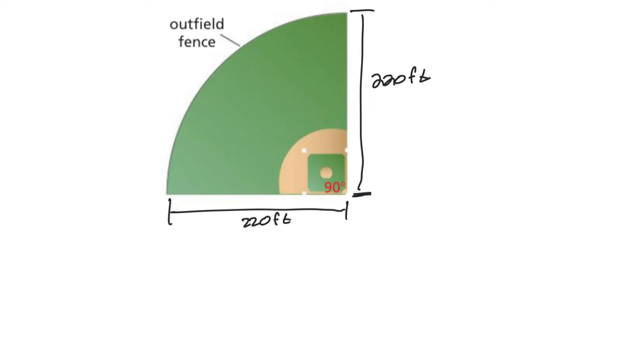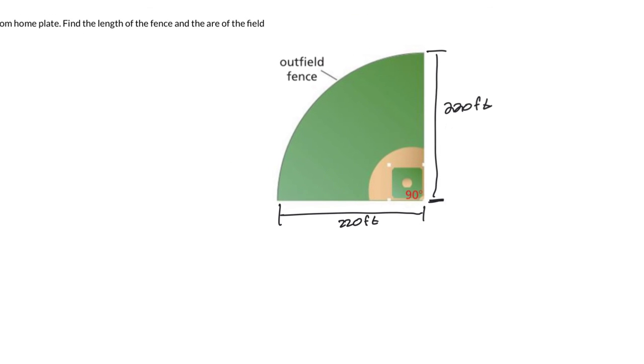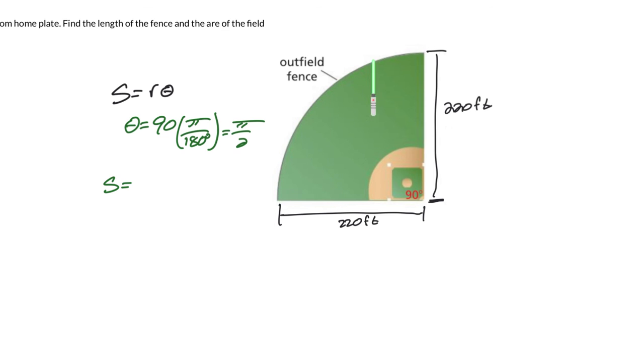So I can still use the same formula to find this length here. So that means that S equals r times theta. Theta, again, remember that theta has to be in radians. So I'm going to simplify this. So this means that this is pi over 2. So the length of the outfield fence, S equals r theta, that is 220 times pi over 2.